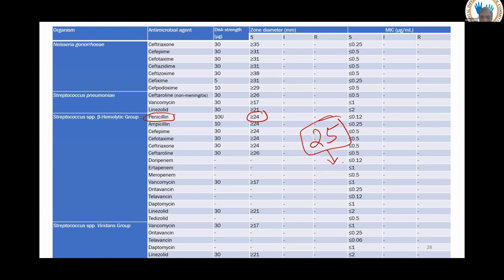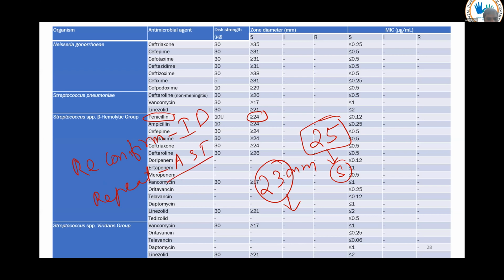this is sensitive. If you get 23, for example, what will you report? Anybody can tell? Non-susceptible. You cannot report it as resistant because resistant breakpoints are not available. So what you have to do here is, if it is not in the susceptible range, reconfirm the identification, then repeat the AST by a different method.